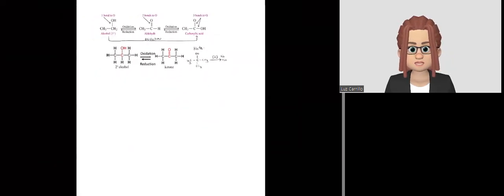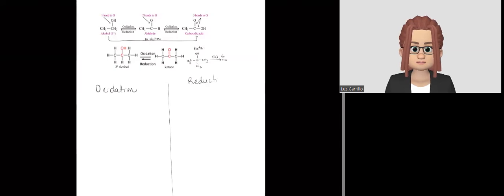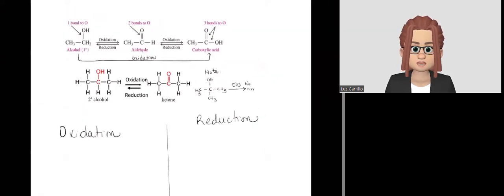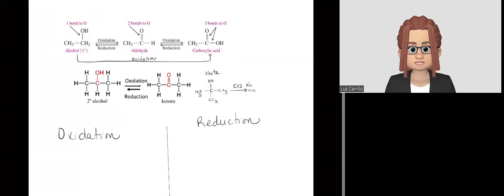So when we are looking at oxidation versus reduction in organic chemistry, it is important to know what functional groups I will be paying attention to.